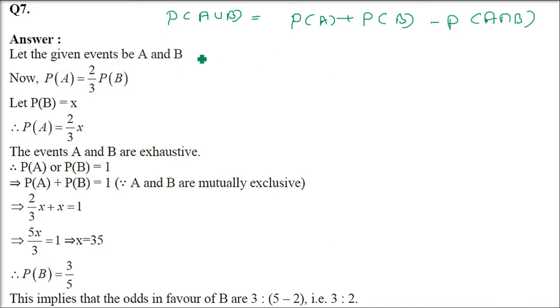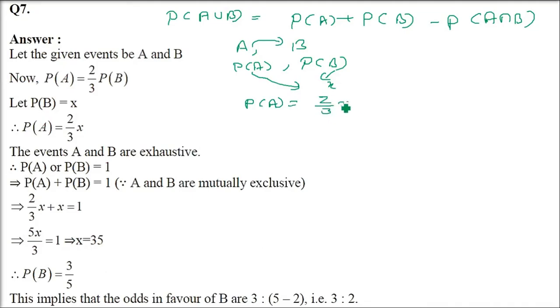This we already know. Say A is one event and B is the other, with probabilities PA and PB. One is 2 by 3rd of the second one. So assume PB as x, so PA will be 2/3 of x.